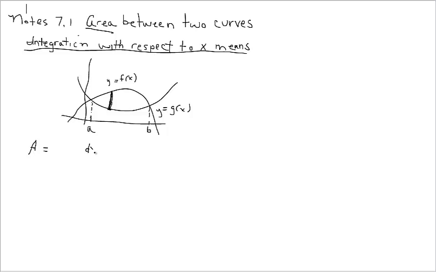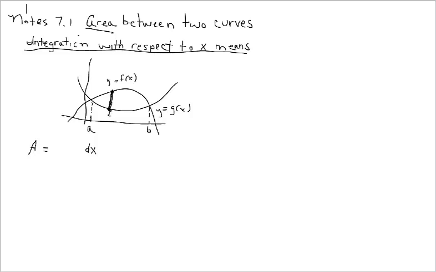If we want to find the height of this rectangle so we can multiply it by dx, then we would have to know what this y value is, and what this y value is, and then subtract the two. So if we know the high y value, f of x, and the low y value, g of x, we can subtract and we would get a representation of that numerical height.